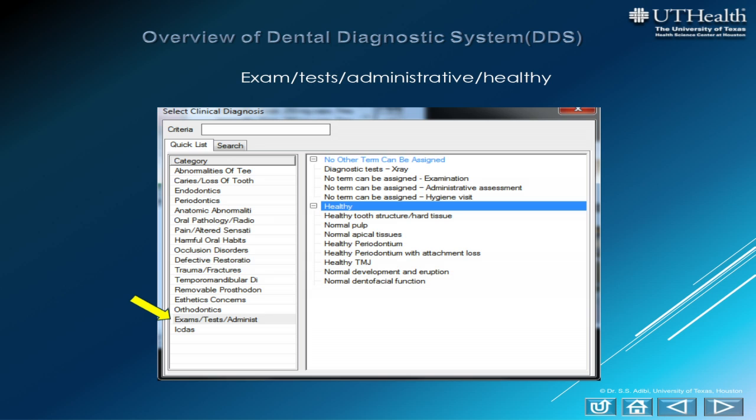This category is exam, test, administrative, health category that is divided into two subcategories of no term can be assigned and healthy.